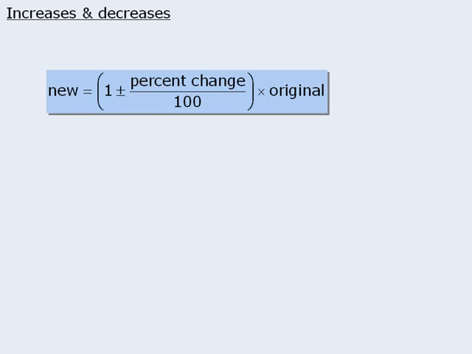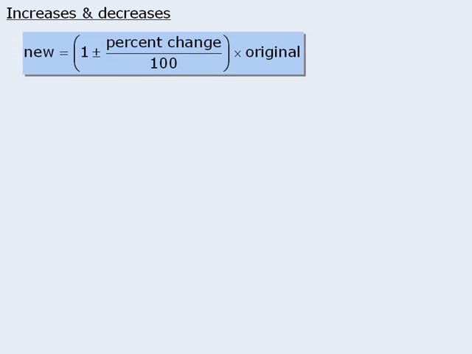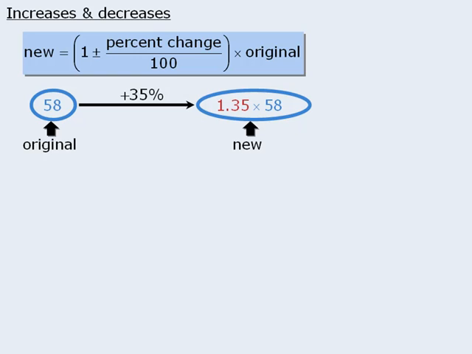Now let's take what we know about calculating new values following percent changes and make some observations. For example, let's say we begin with the number 58 and we want to increase it by 35%. This is the same as taking 58 and multiplying it by 1.35. The reason for this is that 35% is equal to the decimal 0.35, so when we add this to 1, we get 1.35.